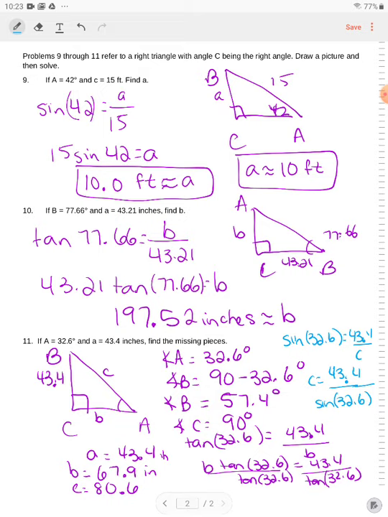And we get 80.55, which would round to 80.6. So you can either use trig or the Pythagorean theorem to find the sides of a right triangle if you know 3 pieces. So have a good day.